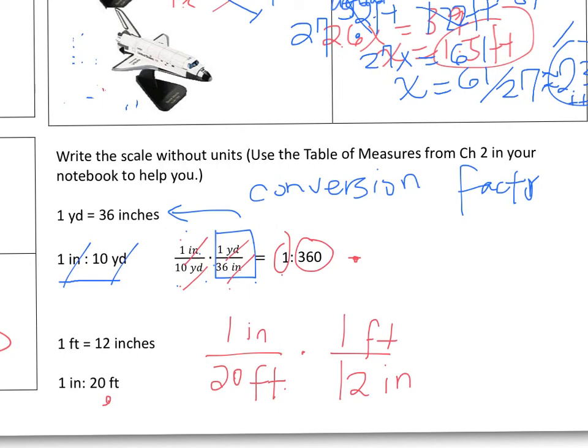The reason why I would write 1 foot over 12 inches and not 12 inches over 1 foot is because I want to cancel out my units so that I don't have to write my scale with units. So the final answer would be just 1 over 240, or simply 1 to 240. And that's it.